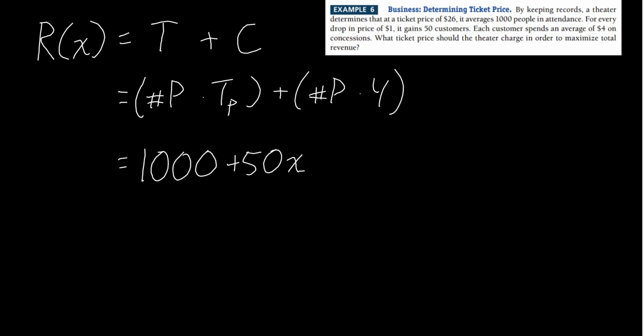And then we also multiply that by the ticket prices. The ticket prices start off at $26, but then they go down an x amount, which is every single time that we have 50 more people. Let's think about this logic real quickly.